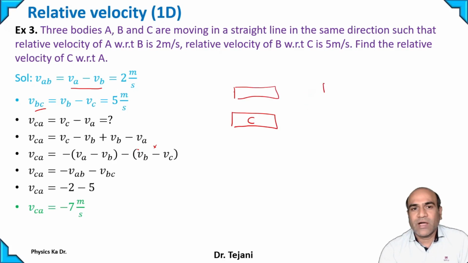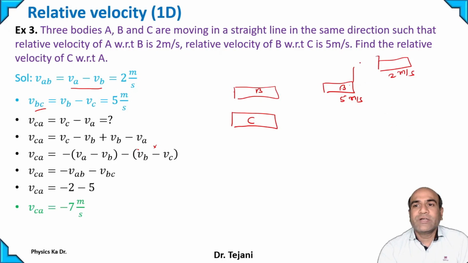So B is moving at 5 meter per second compared to C, which is the relative velocity 5 meter per second, and A compared to B has relative velocity 2 meter per second. So it is ahead by 2 meter per second. That is 2, that is 5, and the relation between C and A becomes 5 plus 2, 7.